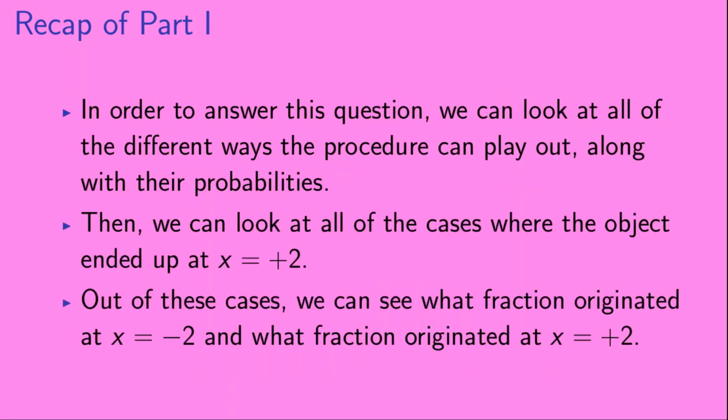In order to answer this question, we can look at all of the different ways the procedure can play out, along with their probabilities. Then we can look at all of the cases where the object ended up at x equals plus 2. Out of these cases, we can see what fraction originated at x equals minus 2 and what fraction originated at x equals plus 2.